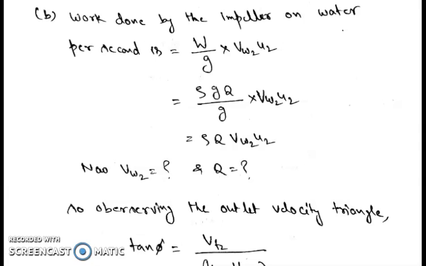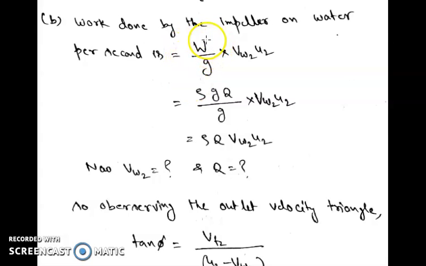In B part, we have to calculate the work done by the impeller on water per second. We know that the formula for work done by the impeller on water per second is given by W by G into VW2 into U2. Now this W is equal to density into acceleration due to gravity into discharge.